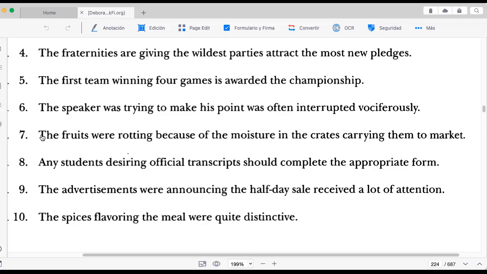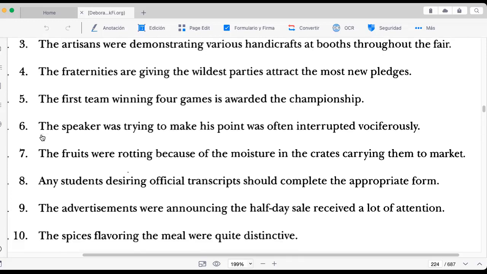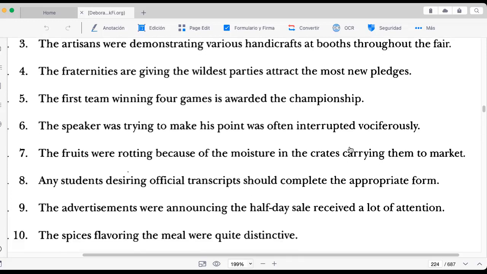Verb, rotting, okay. Nice. What else? And carrying. Carrying, is it a verb or an adjective? Adjective. Okay. Is it correct or incorrect? It's correct. Good, good.